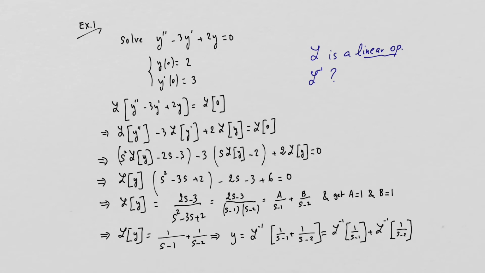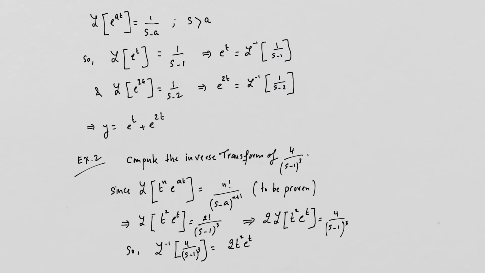And so I'm just going to give it to you here. It happens to be n factorial over s minus a to the power of n plus 1, to be proven. And I notice quickly that a must be 1. So it's easy for me to know that this piece has to be e to the t. Then the question is, I need n factorial.